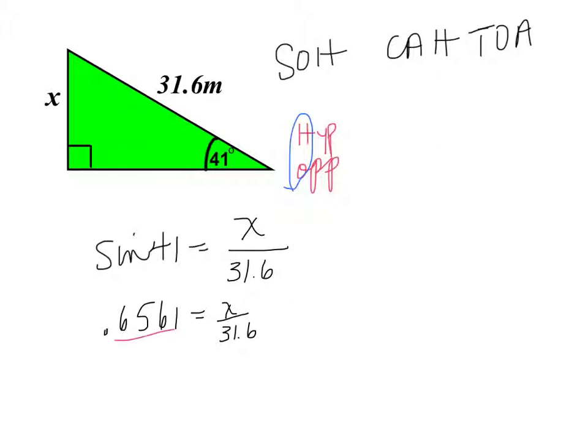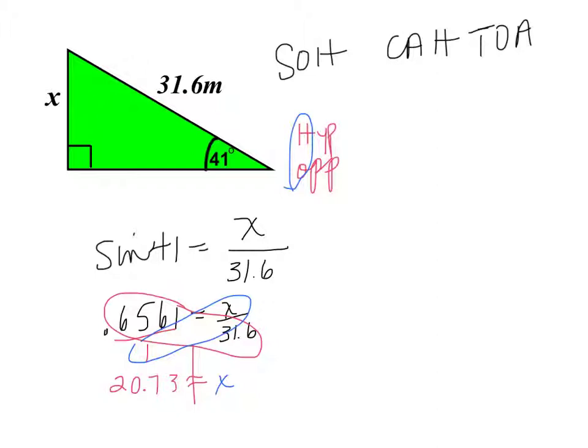Again, set up your proportion, that's why you put it over 1. You actually wind up multiplying these two. So 0.6561 times 31.6, that's equal to, and I'm going to round to the nearest hundredth, 20.73 is approximately equal to, and 1 times x is actually just x.